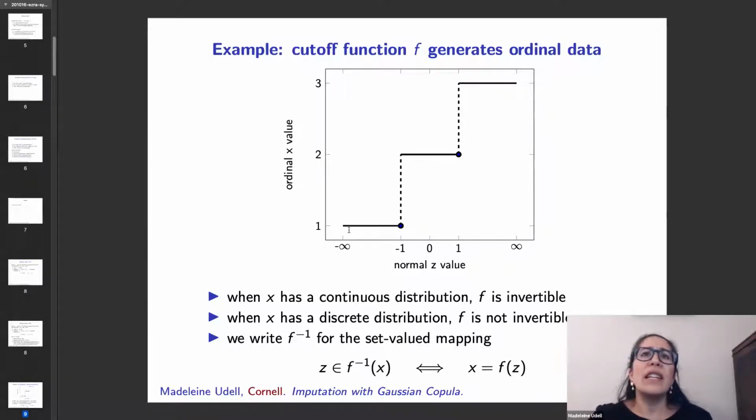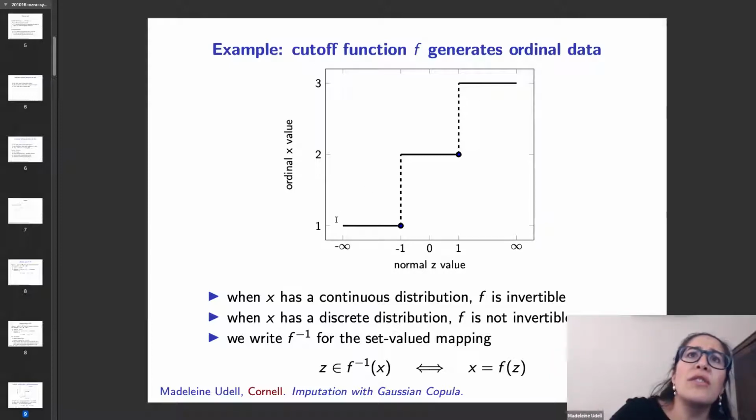So when x has a continuous distribution, it takes on all possible values. Then the function f that maps z to x is invertible. But when x has a discrete distribution, as it does here, then this function is not going to be invertible, right? One value of x could have come from any z in a wide range.